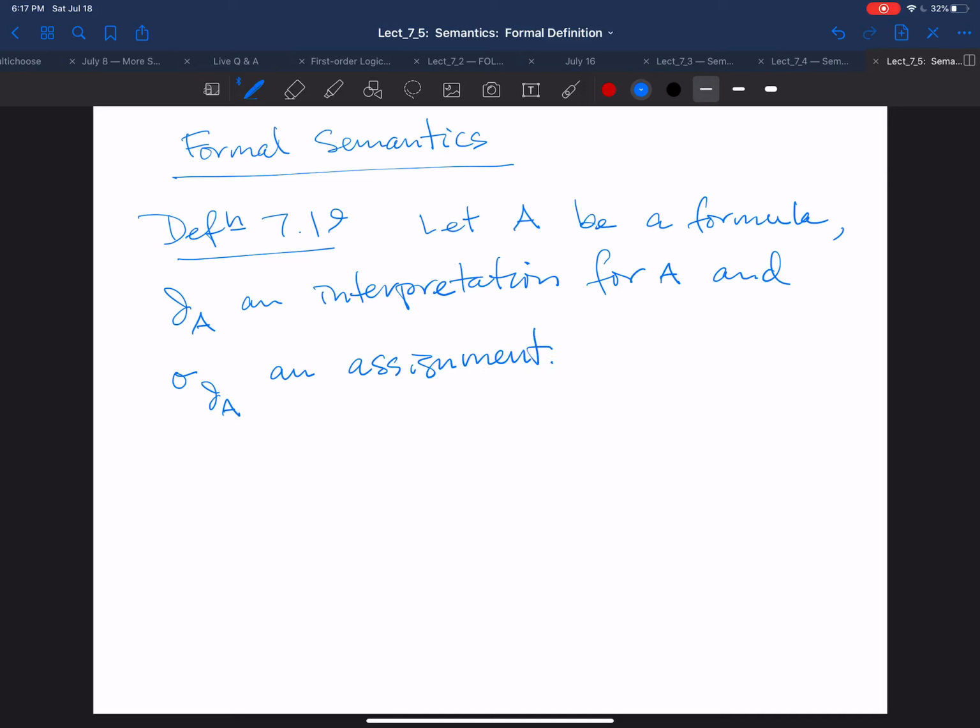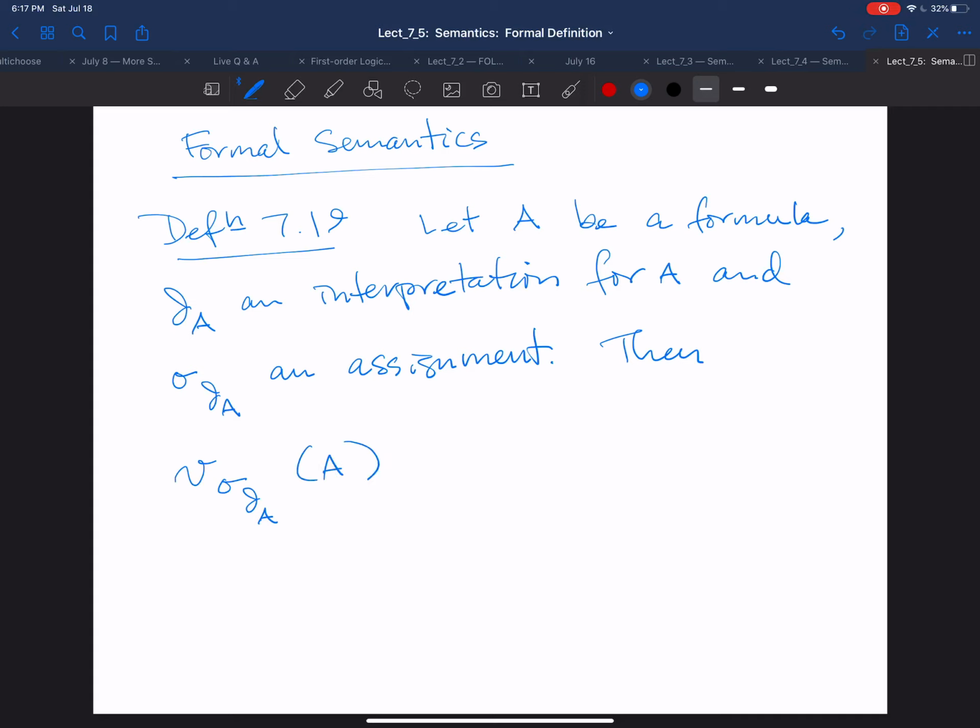The question then is, what is the truth value of the given formula A under this interpretation and this assignment? So as in the propositional case, we'll denote the truth value by this little function, little v, and it will in general have this subscript sigma sub I sub A. We'll simplify that in a moment.